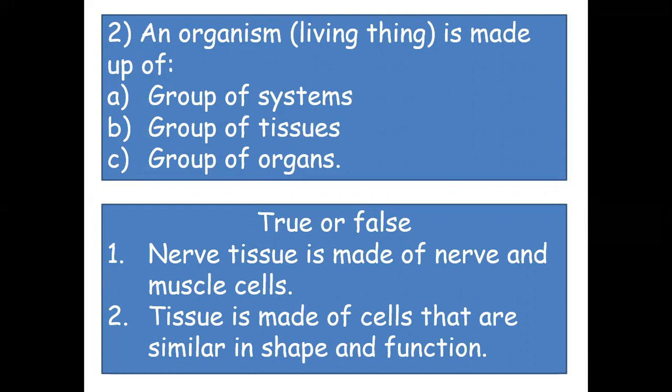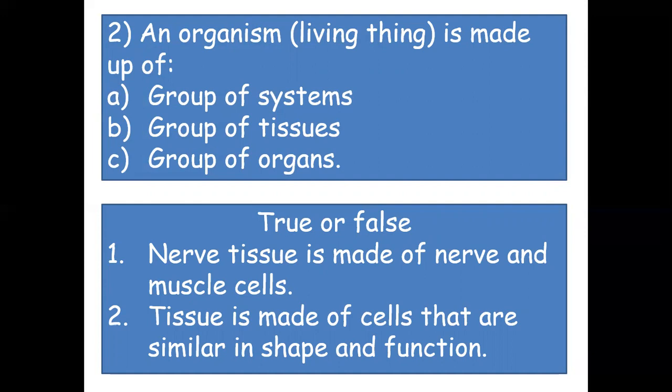So this sentence is false because they said that a nerve tissue is made of nerve and muscle cells. Nerve and muscle cells are two different kinds of cells. So this is impossible. The nerve tissue is made up of nerve cells only. Okay, so this number one is false. If I want to correct it, it's going to be: nerve tissue is made of nerve cells.